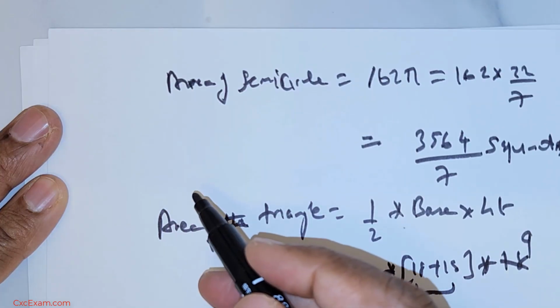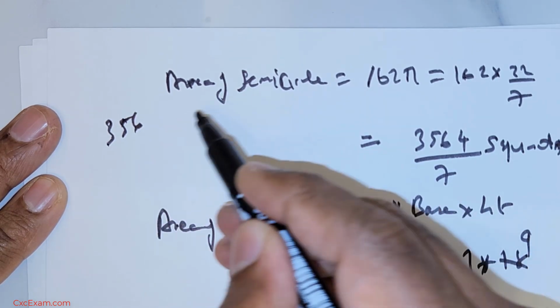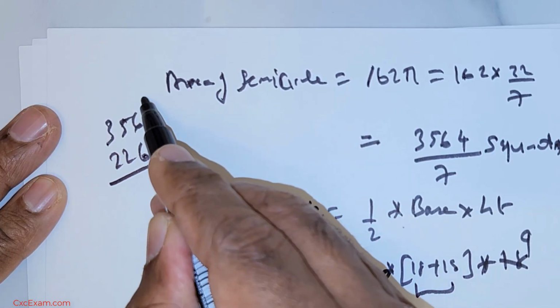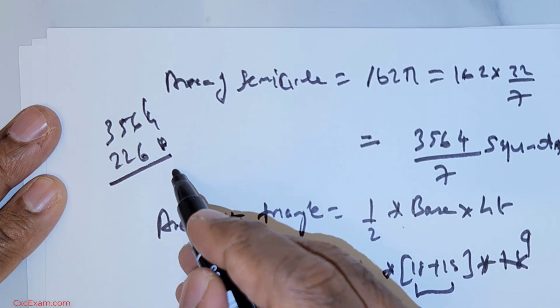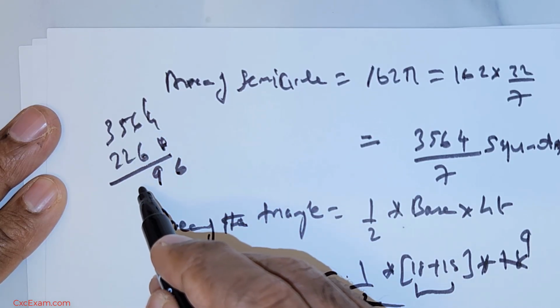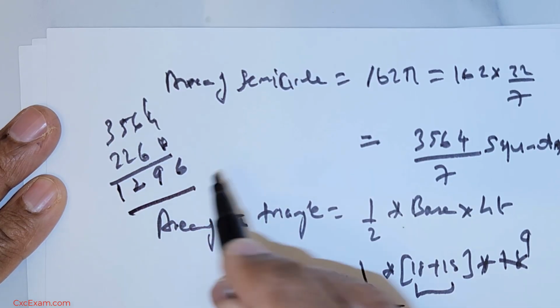So when you make the subtraction, 3564 and then 2268, this is going to give you 6 and 9. From 4 you take away 2, you get 2, and from 3 you take away 2, you get 1.